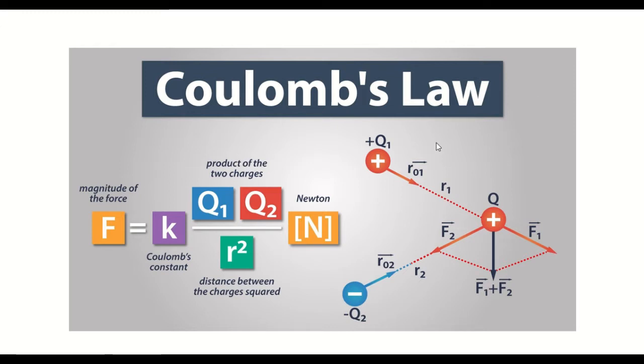So by Coulomb's law we can get to know the force which acts between these two charges plus Q1 and minus Q2, and that is F equal to K into Q1 Q2 by R square. N is Newton, as we know this is the unit of force. So this is the explanation.